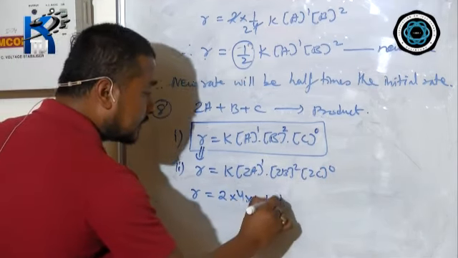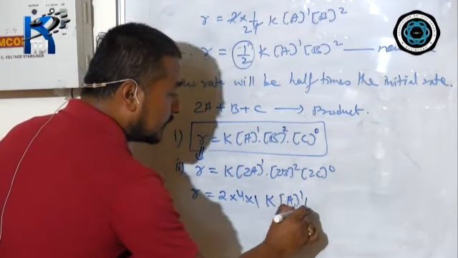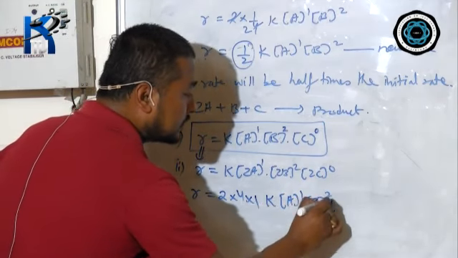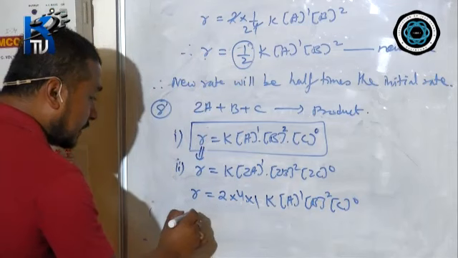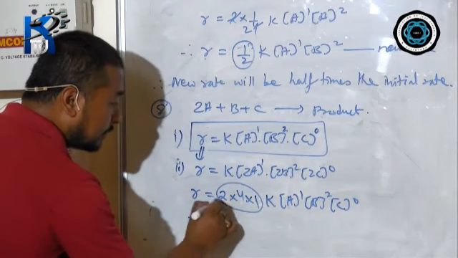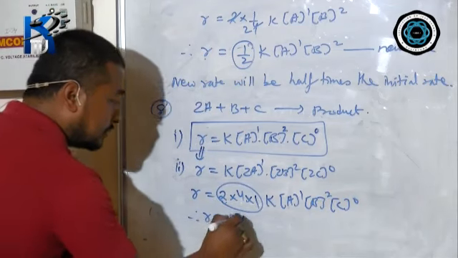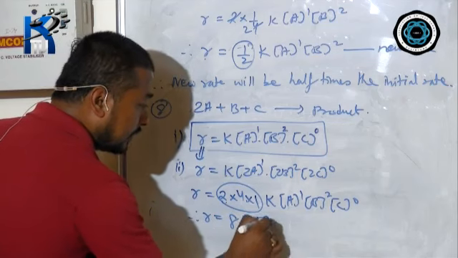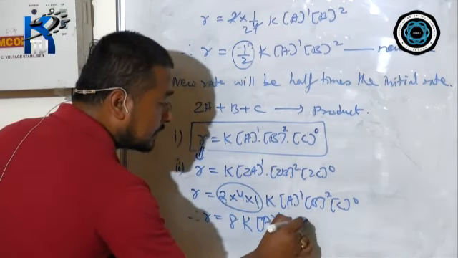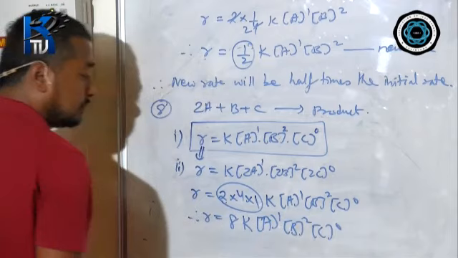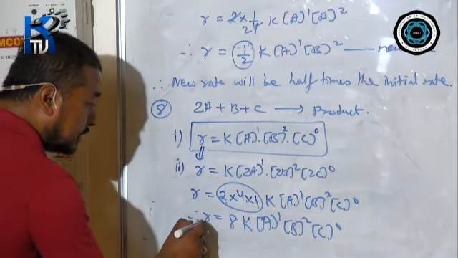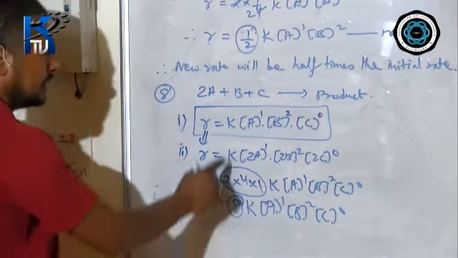Now what remains here is K [A]^1 [B]^2 [C]^0. Now if you multiply all of them, 4 2s are 8, 8 1s are 8, so R is equal to 8 K [A]^1 [B]^2 [C]^0. So therefore we can say that the new rate will be 8 times the initial rate.